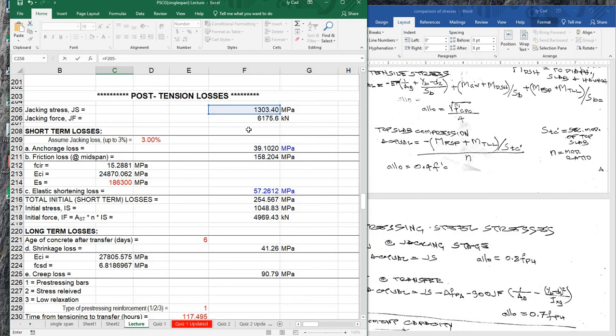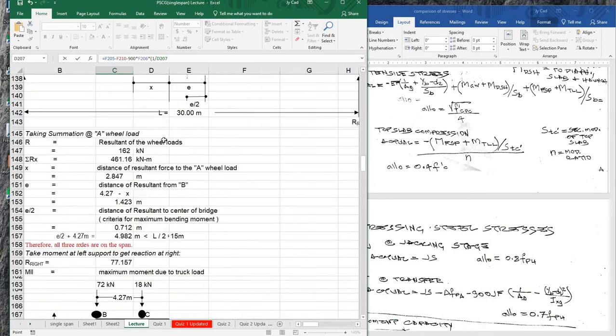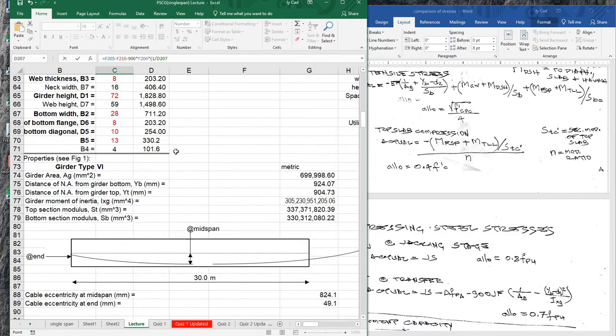Okay, so minus, click mo lang yan. And then, dito na tayo sa minus 900 times jacking force, then times 1 all over area gross. Nasaan si area gross? Nasa basic.